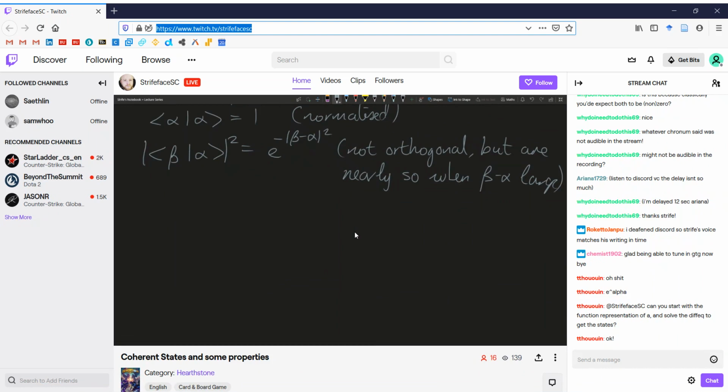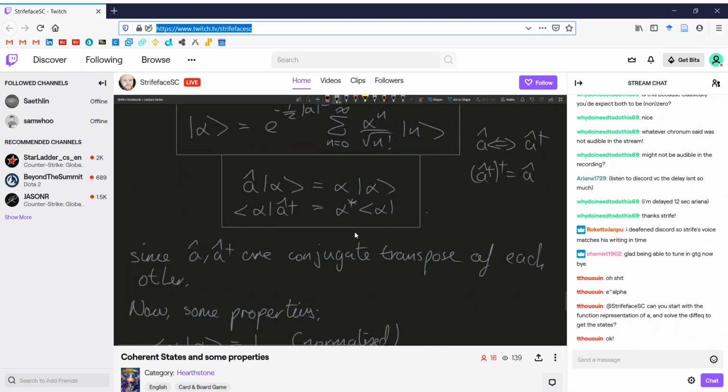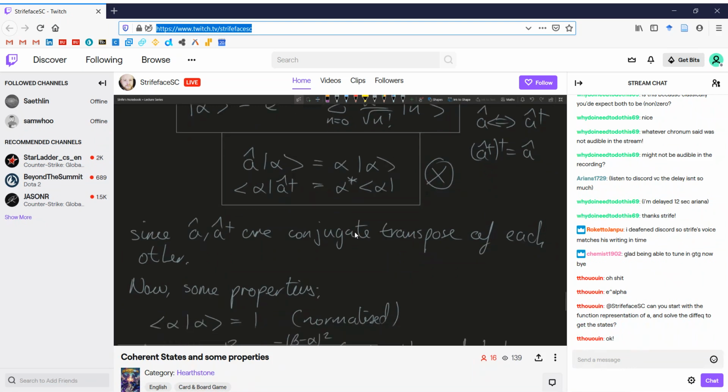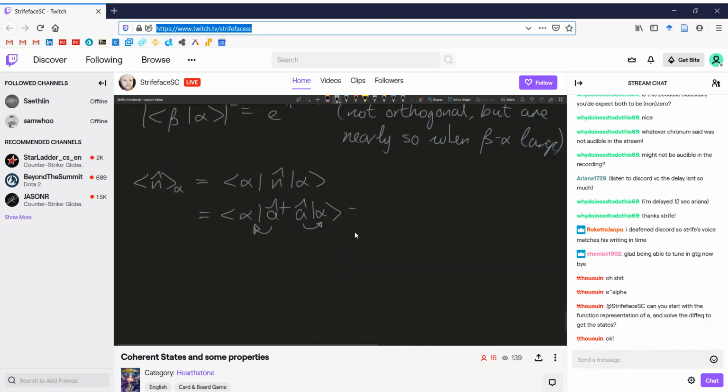But we know n is equal to A dagger A. We can act A dagger using the definition of the coherent state, so what we're going to pull out at this point is an alpha star from A dagger.